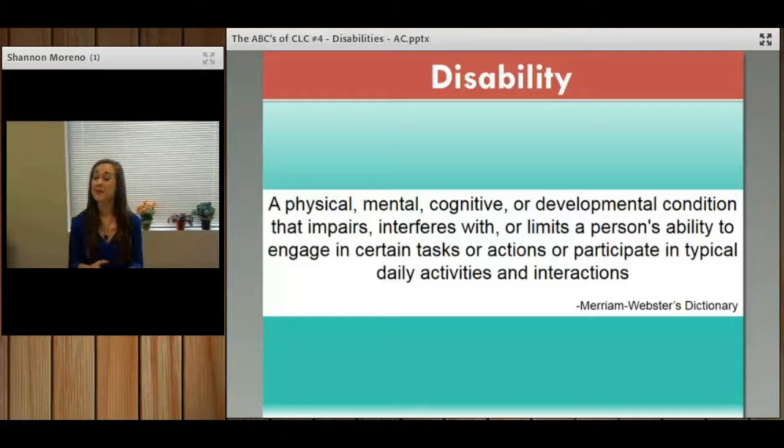Now we're going to talk about some different ways of defining disability, but first of all, this definition from Merriam-Webster's dictionary: disability is a physical, mental, cognitive, or developmental condition that impairs, interferes with, or limits the person's ability to engage in certain tasks or actions or participate in typical daily activities and interactions, okay? That is probably a pretty familiar way of viewing and defining disability.